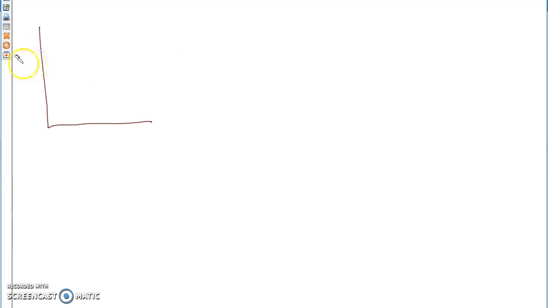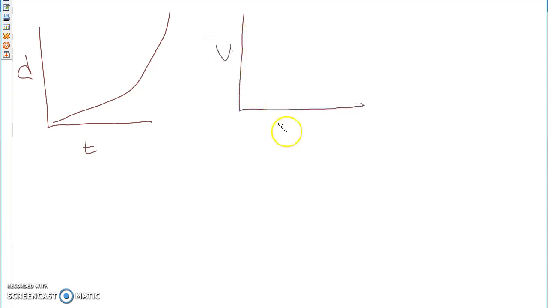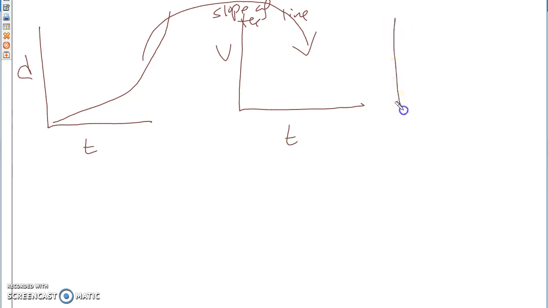We're going to redo this again just to confirm. If I want to go from a DT graph to a VT graph, what do I do? Slope of the line. I can do that and go from a VT graph to an AT graph, find the slope of the line.